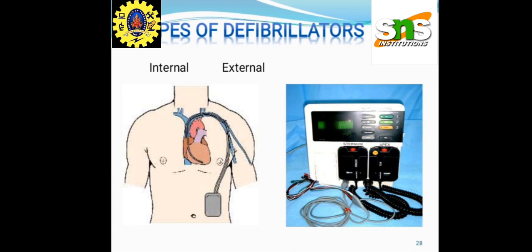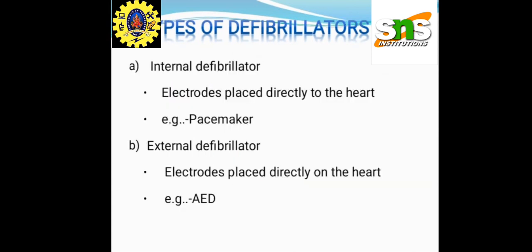Defibrillators are of two types, an internal defibrillator and an external defibrillator. Internal defibrillator: electrodes placed directly on the heart, example pacemaker. External defibrillator: electrodes placed on the chest, example AED.